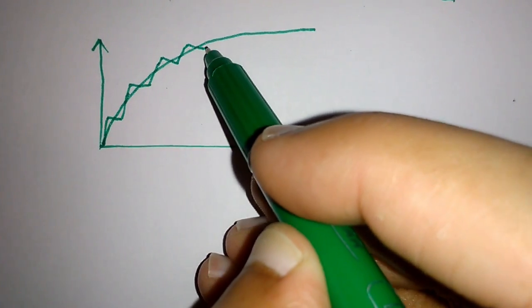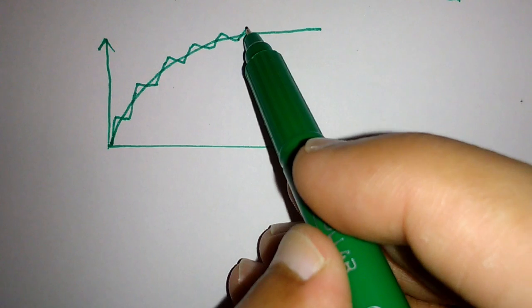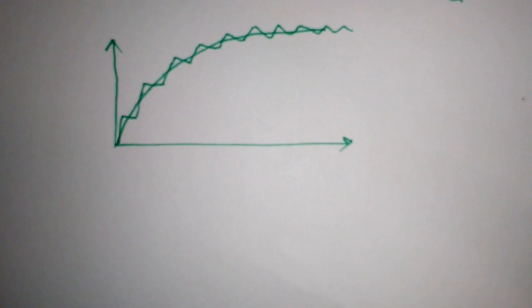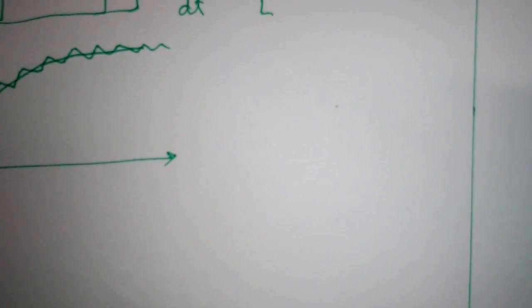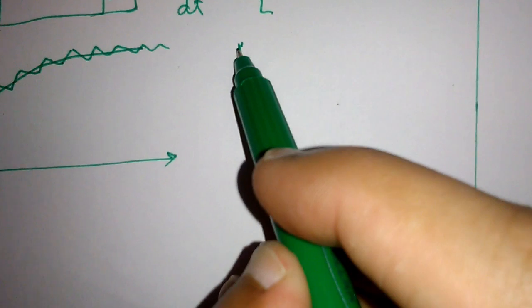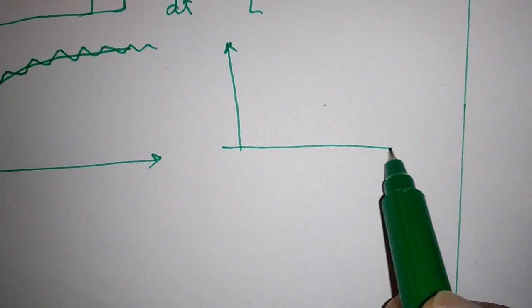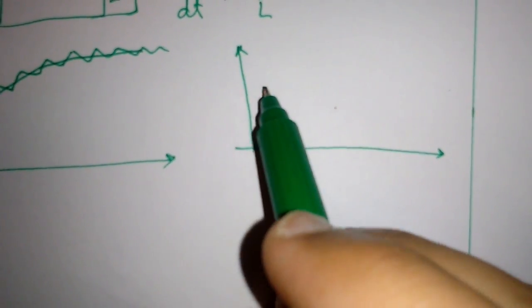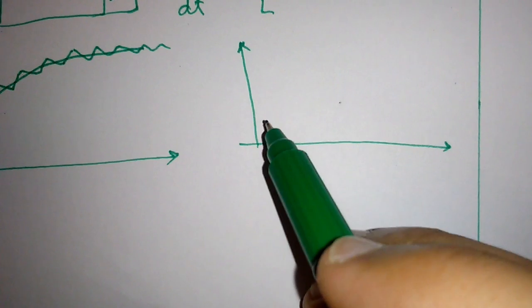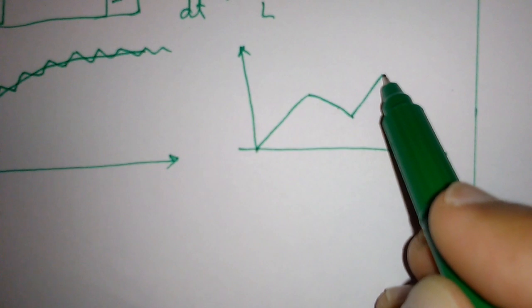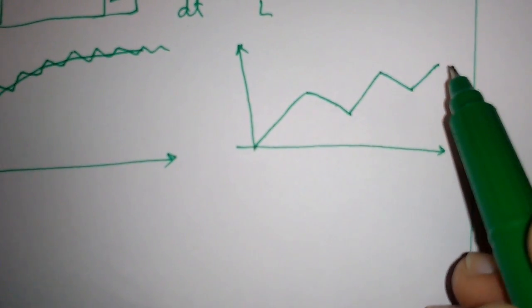There will be ripples on the output voltage, right? And when we see the inductor current, it will increase, then it will decrease, it will again increase, and like this.